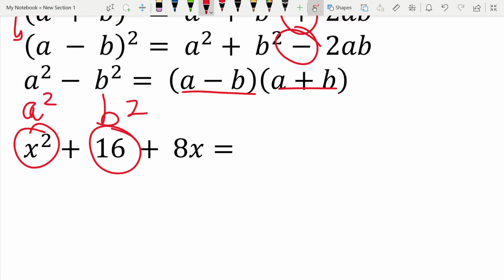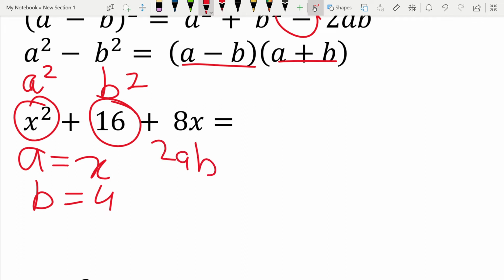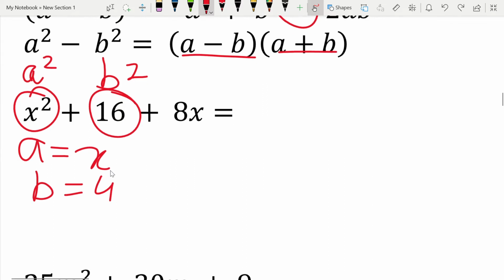So a is going to be equal to x and b is going to be equal to 4 because under root 16 will be 4. And then we've got 2ab. How have we got 2ab? 2 times 4 is going to be 8 and we've got x at the back. So let's write this down.